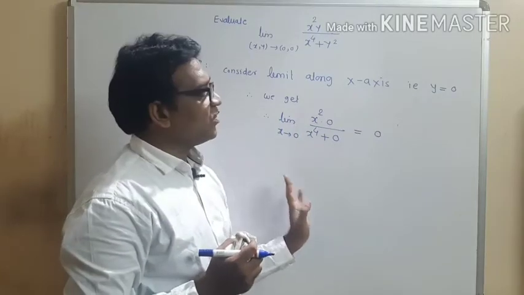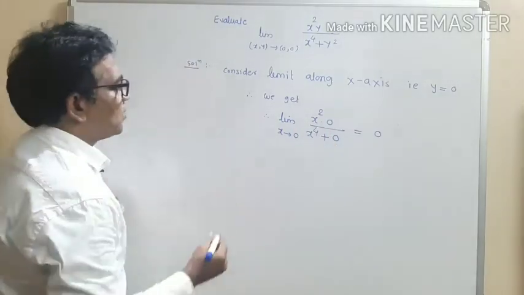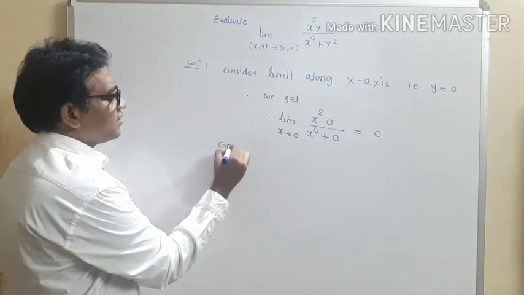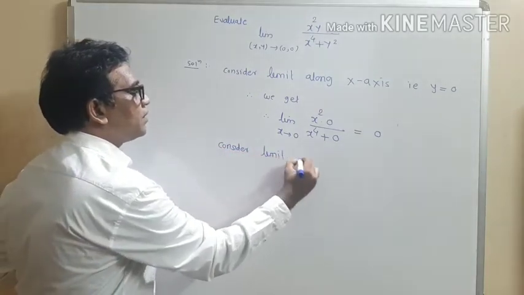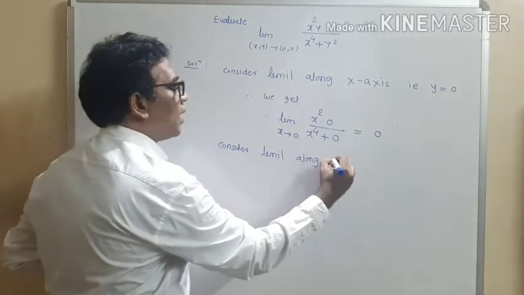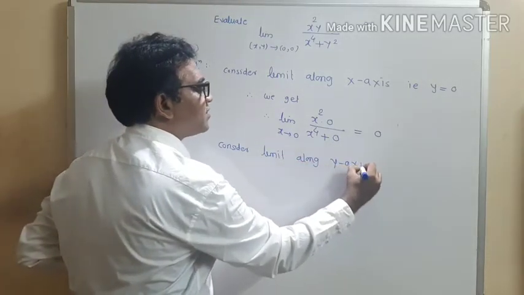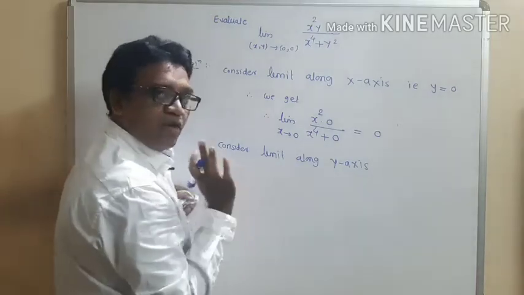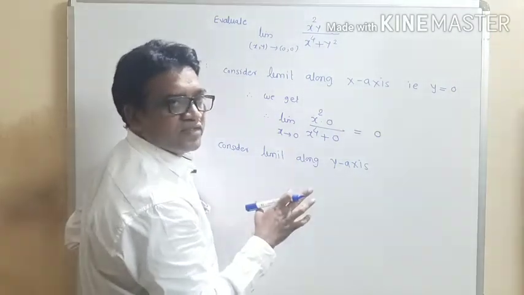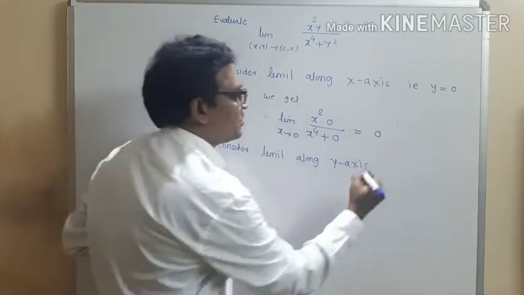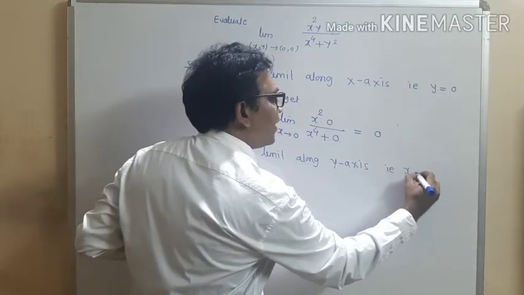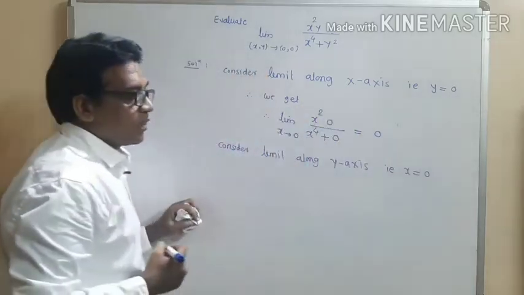Now consider the second equation as the y-axis. So write down, consider the limit along the y-axis. And what is the equation of the y-axis? The equation of the y-axis, we know this, is x equal to 0. So write down, that is x equal to 0.